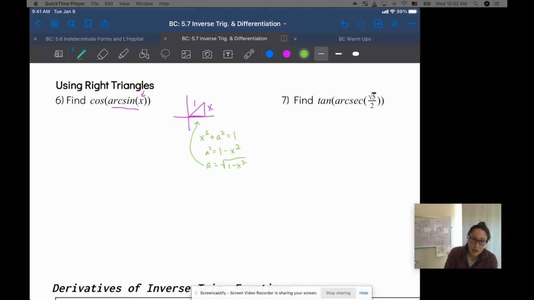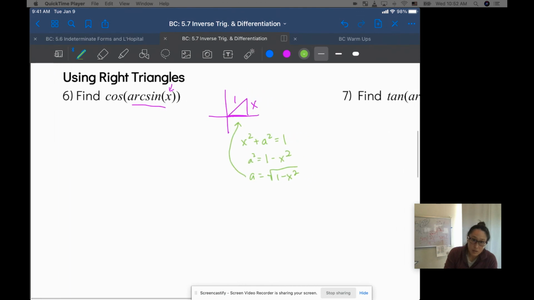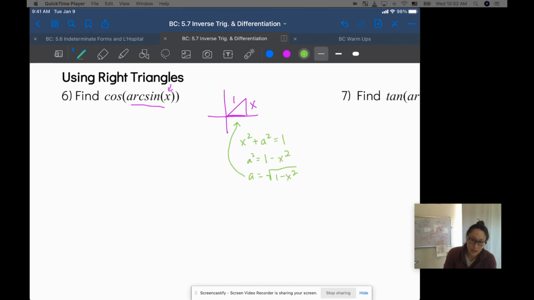Okay. And then what I need to do is say, well, what is this angle? So if I'm doing the arc sine of the ratio, then I'm just going to label this as angle y. Okay. So what is the cosine of y? So when I have the ratio x over 1, I get an angle y.